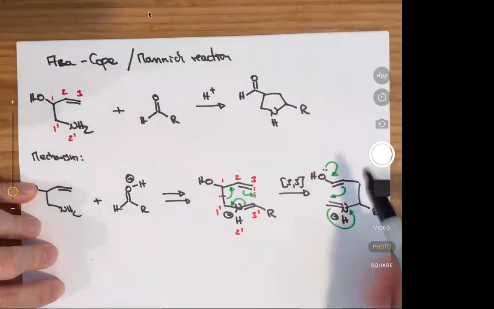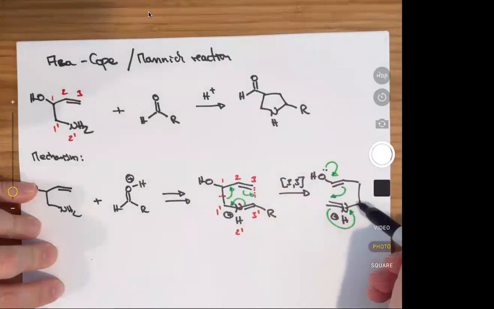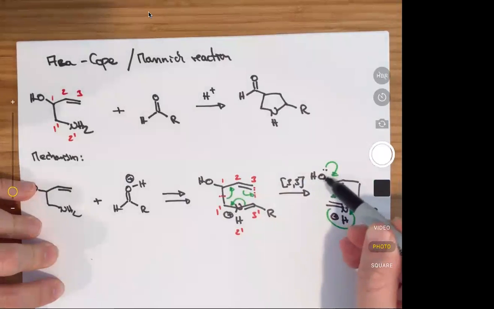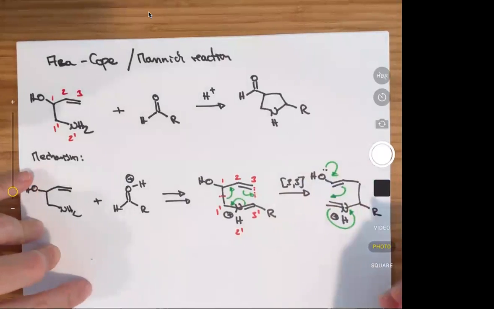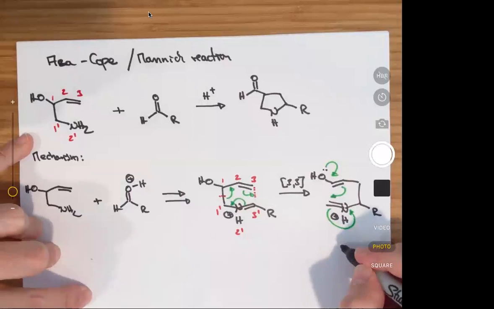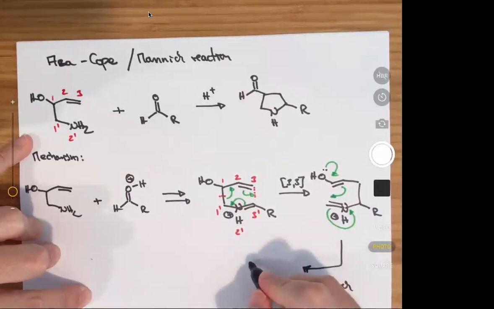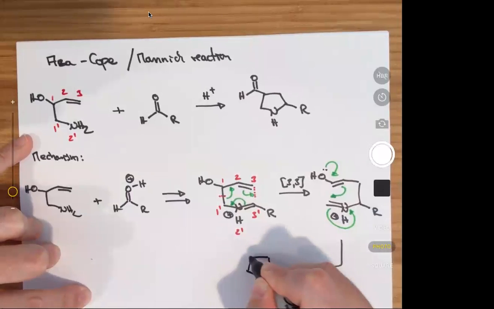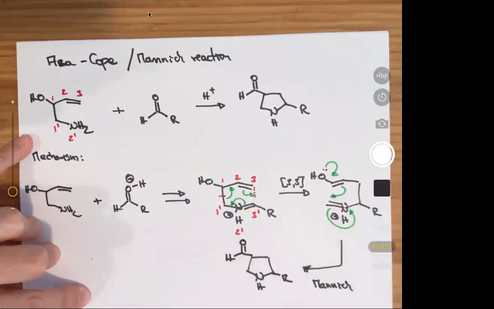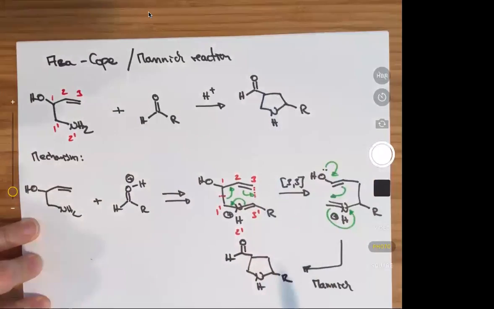You see that you're forming a 5-membered ring, 1, 2, 3, 4, 5, and this basically here rearranges to an aldehyde. So this is then basically your Mannich reaction, and you get the 5-membered ring product out that we had here up at the starting material.